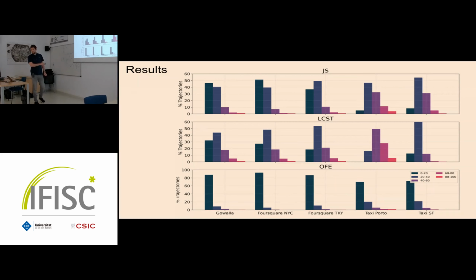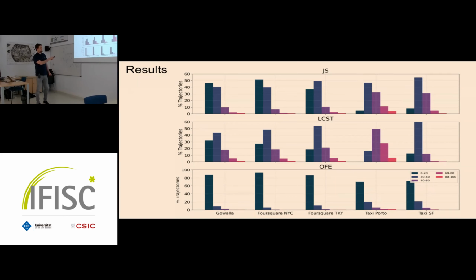The check-in data sets behave in this way: there is this decay if we measure it with the Jaccard similarity, and also with the longest common subsequence, with the most important bin being the 20–40%. It is a bit more pronounced with the overlap from the end. Here you can see that in the taxi Porto data set something changes: we do not have that many 0–20% overlap trajectories.